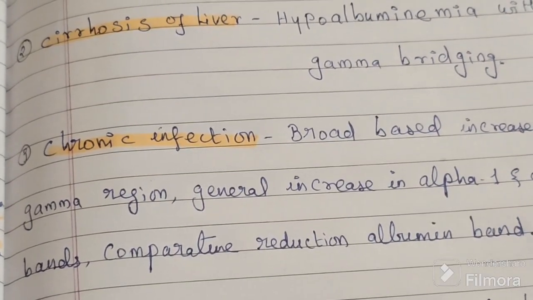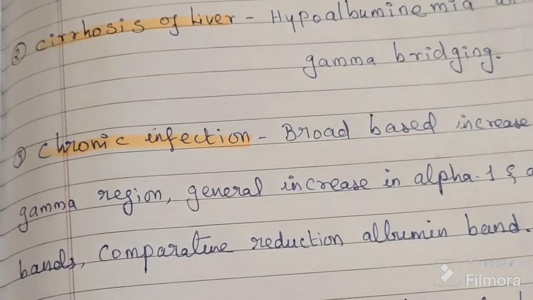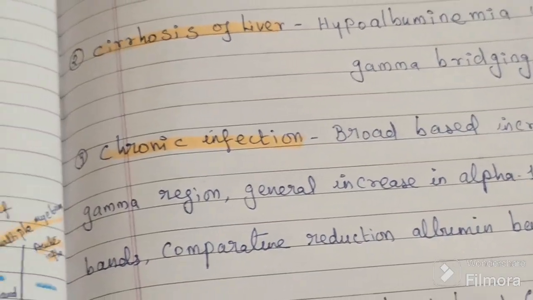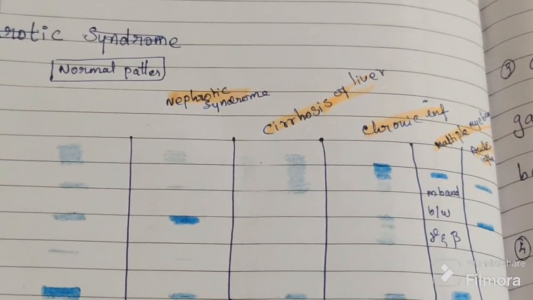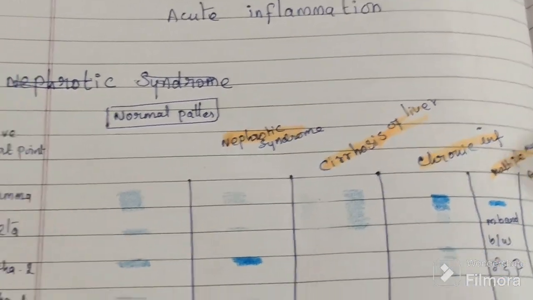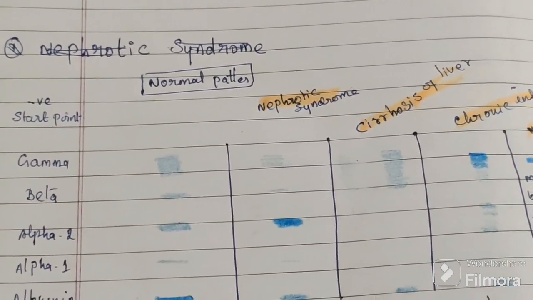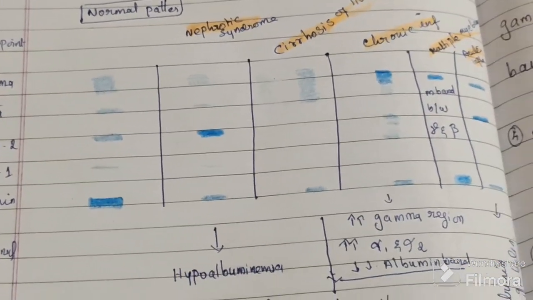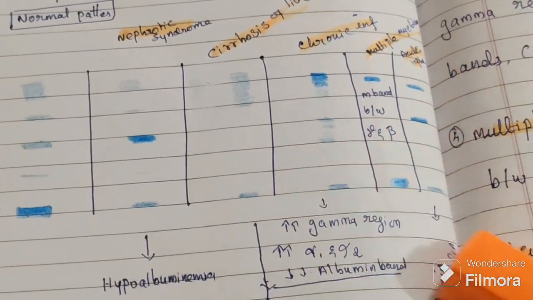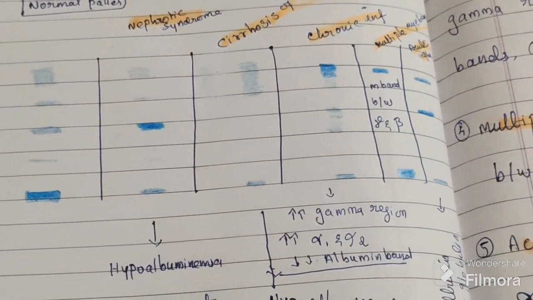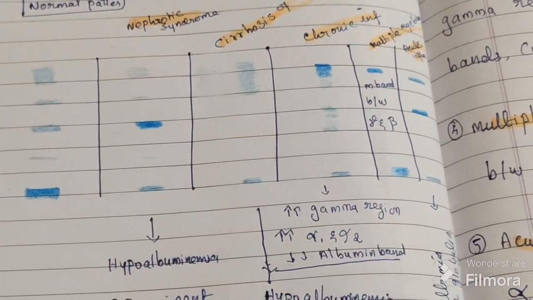Third condition, chronic infection. Whenever infection is there, acute phase protein levels increase. Normal and chronic infection patterns are compared here.